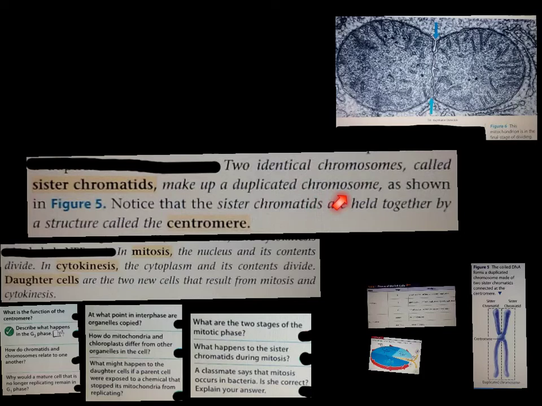The second word is centromere, and sister chromatids are held together by a structure called a centromere. Those two terms, make sure you're writing them in your science journal. If you have to pause, please pause and then write them and then restart so that we can finish our lesson.